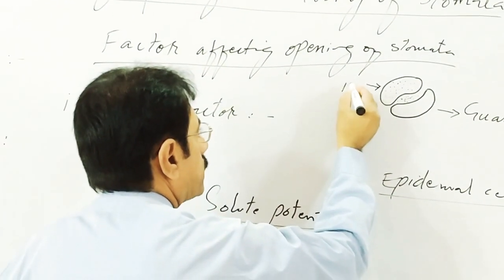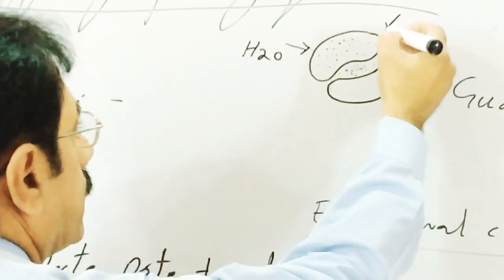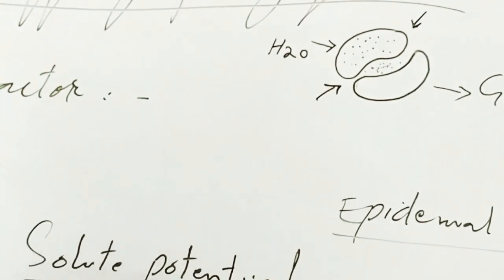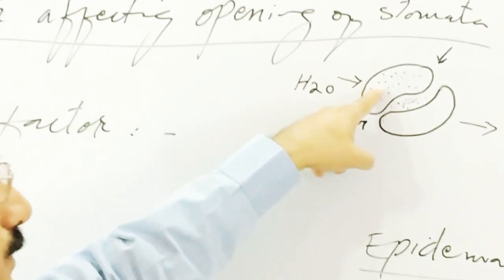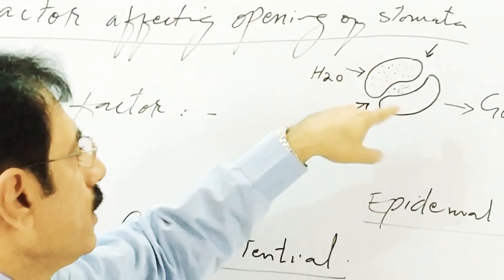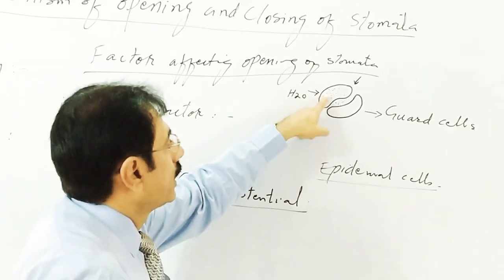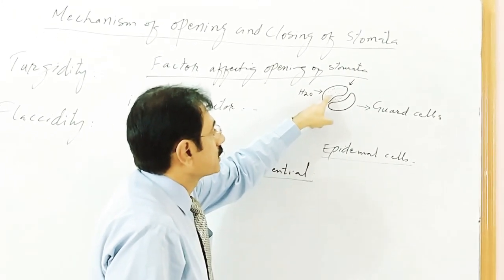Water moves due to the increase of the solute potential inside the guard cells, the osmotic pressure increases, resulting in the cell absorbing water from the neighboring cells.